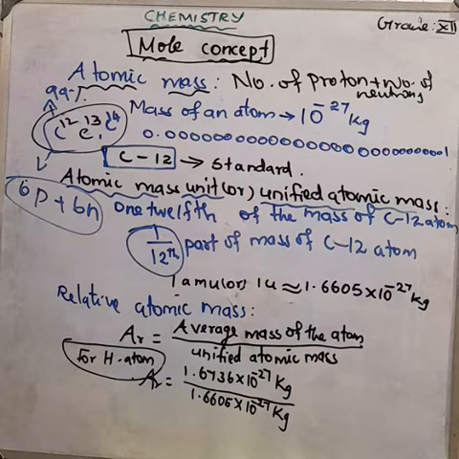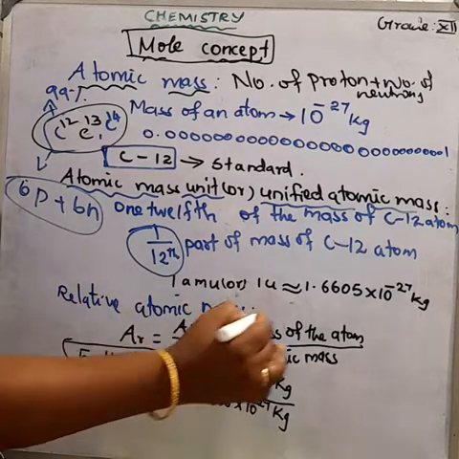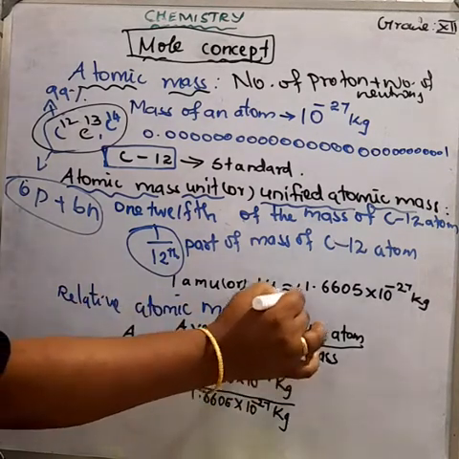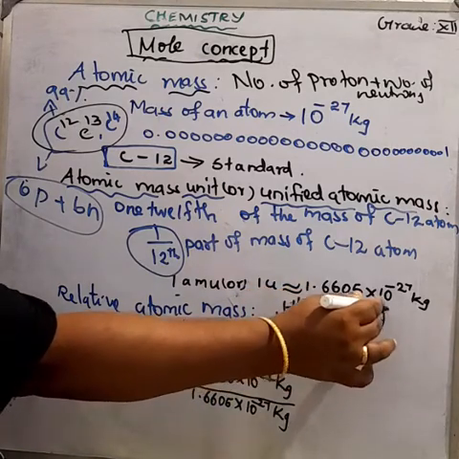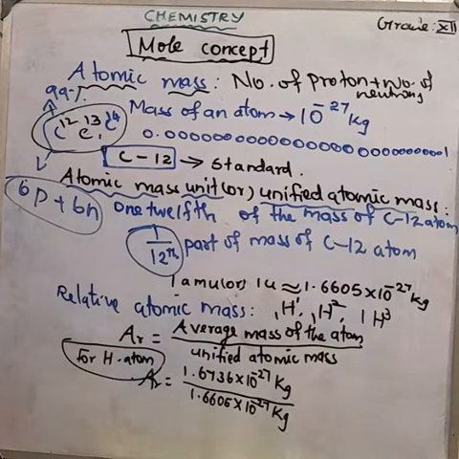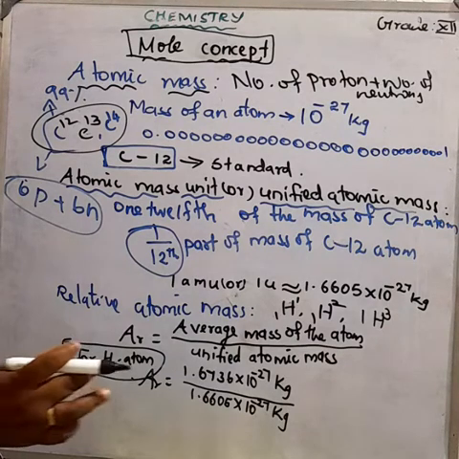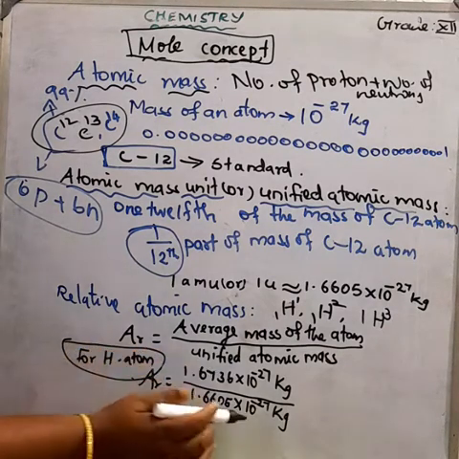We know hydrogen has three isotopes: protium, deuterium, tritium. For those three isotopes, they first find out the average atomic mass, and then relate the average atomic mass with the unified atomic mass.